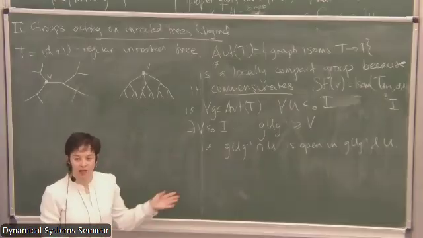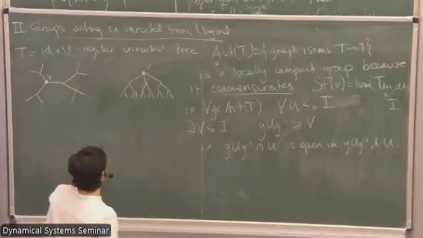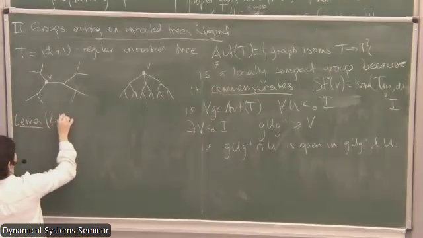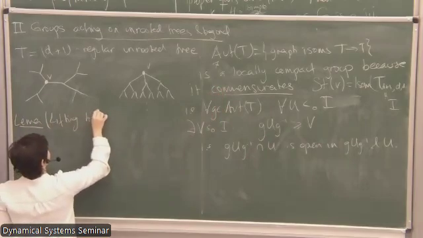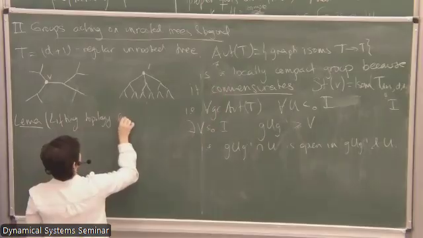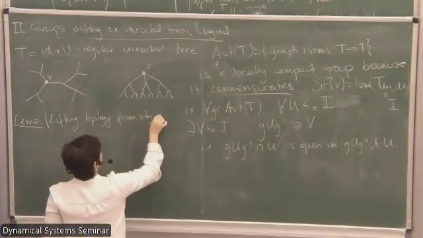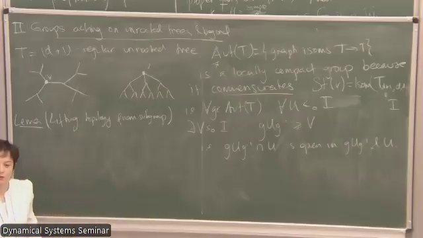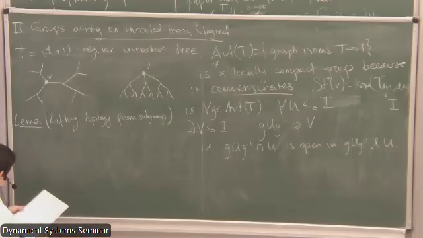What's it good for? What does this have to do with the topology? So there's a lemma, which I'm going to call lifting topology from subgroup. It's like in Bourbaki or something like that. There's a whole chapter on topological groups, and it's right at the beginning. We define a filter. There's a filter and a filter base, and this is what a filter base of neighborhoods has to satisfy in order to be a group topology. It's done in all this huge generality, but I've extracted it to just apply to this case.